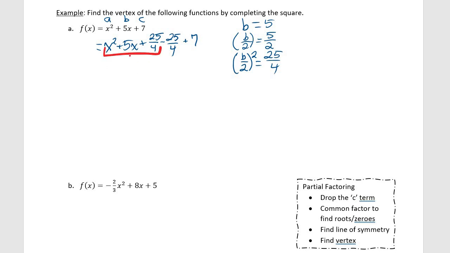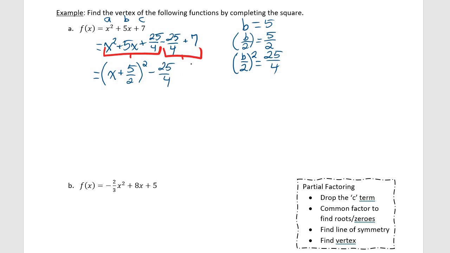Once we do this to complete the square, these first 3 terms are a perfect square now. That's why we added the b over 2 squared. And this first perfect square will be x plus whatever our b over 2 was, 5 over 2, squared. And then we just have to tidy up what's left. So in this case, we have subtract 25 over 4.